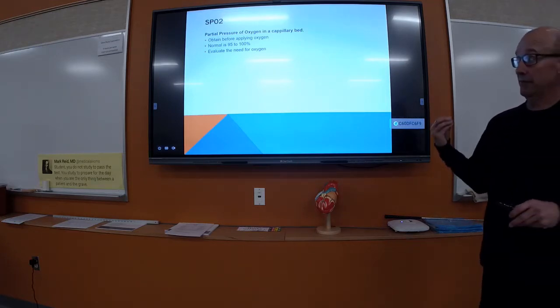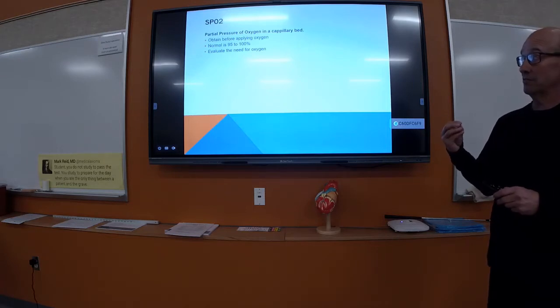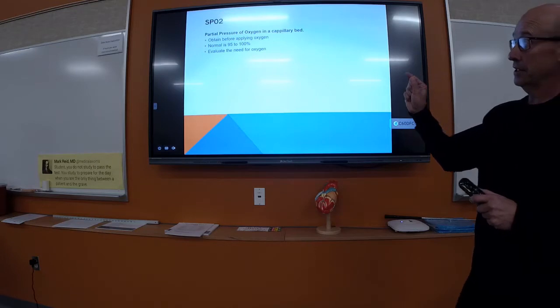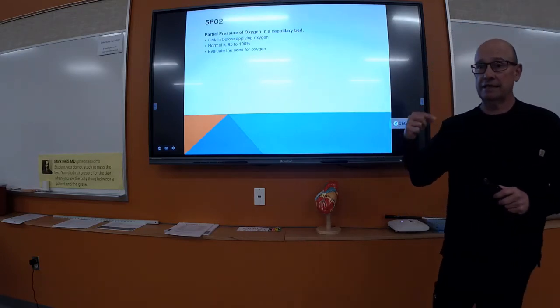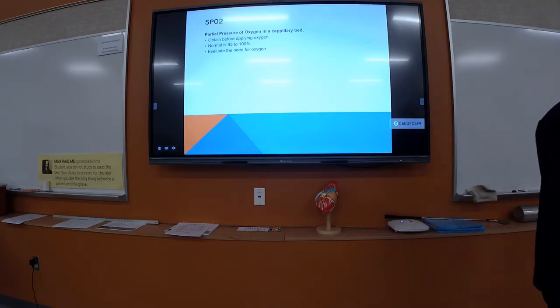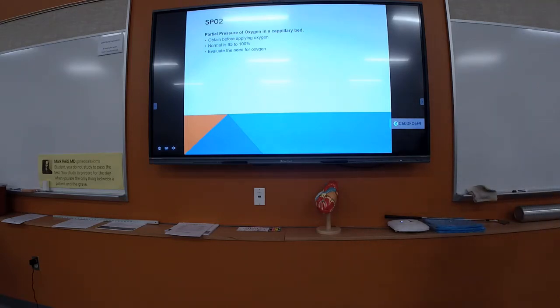So at about the year 2000, we started evaluating the need for oxygen. If the patient has an SpO2 below 94% and has outward respiratory distress or complains of shortness of breath or respiratory problems, then we would more than likely apply oxygen.